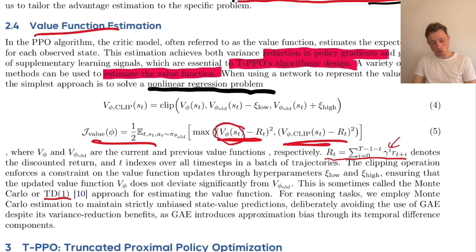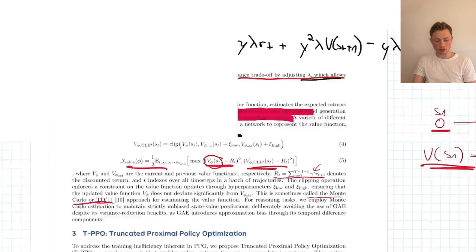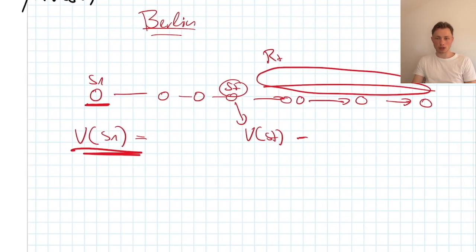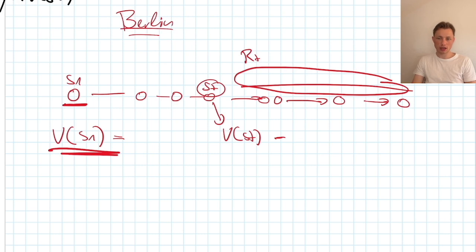Now, one important point here is we have two ways of calculating the prediction, or the target: Monte Carlo or temporal difference learning. They use a Monte Carlo way to predict the value function. What does it mean? If we would take temporal difference learning, we just make a bootstrapping.